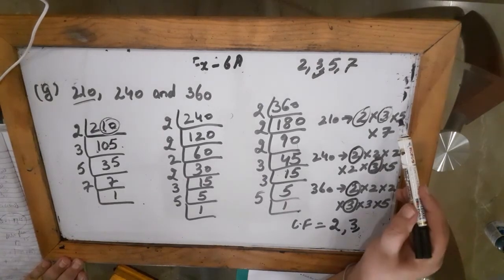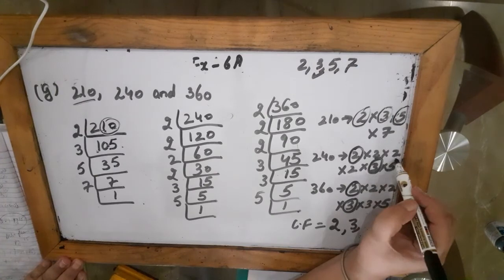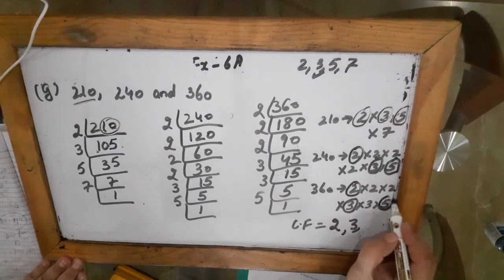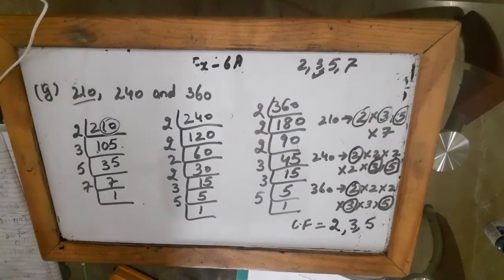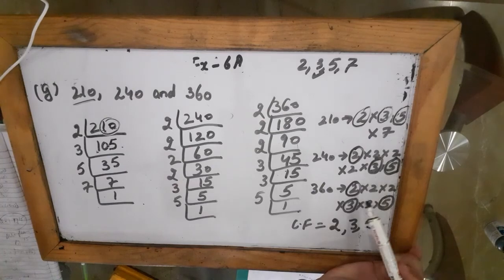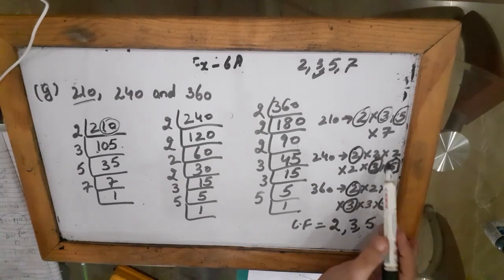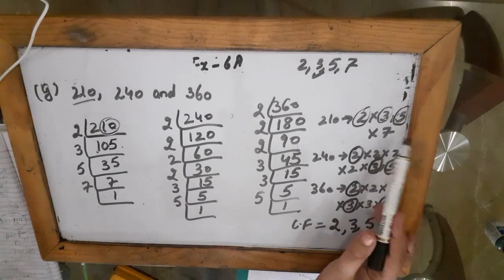Now 5, is it common? Yes, 5, 5 and 5, so 5 also is common in all the 3 numbers. Any other factor? Here I am left with only 7, but 7 is not a factor of any other number, so I cannot take 7.